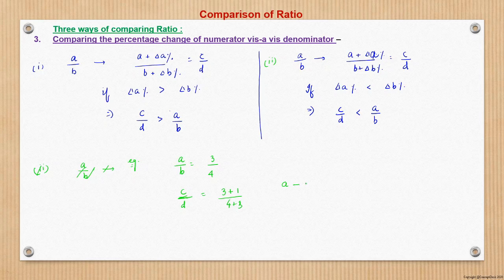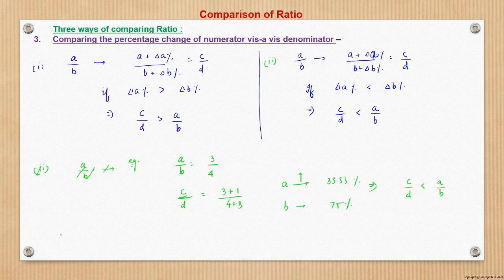A increases from 3 to 4, that is a 33% increase, and b increases from 4 to 7, that is 3 by 4, which is 75%. So since the denominator increases more than the numerator, the resultant ratio c by d will be less than a by b.